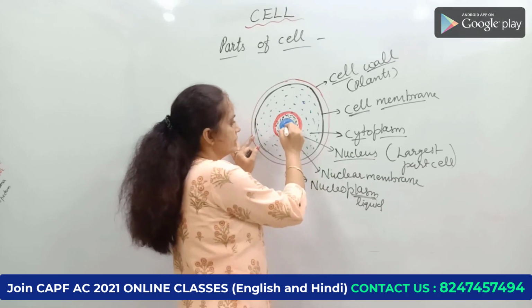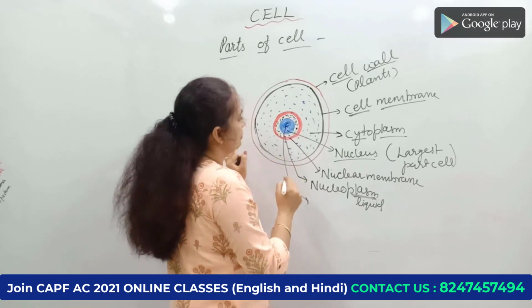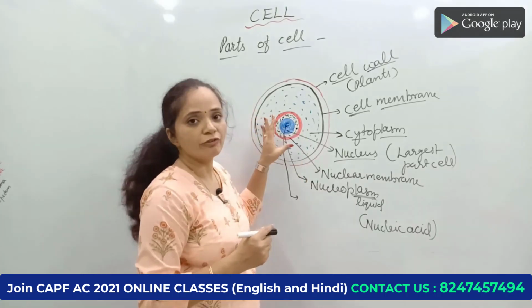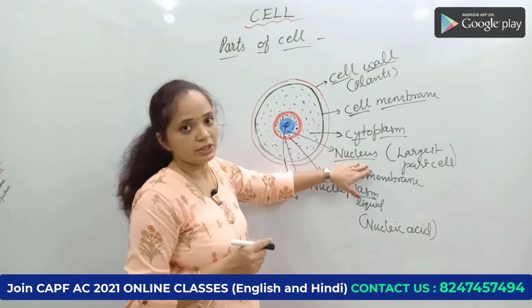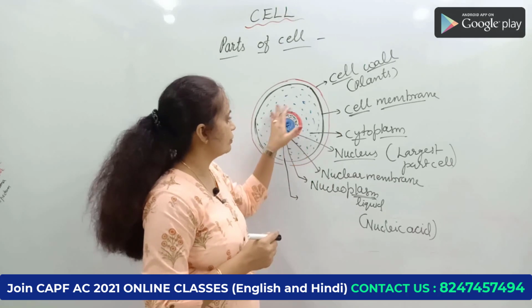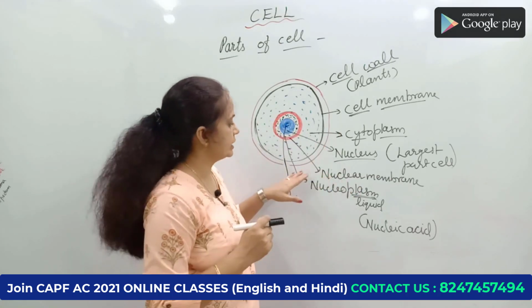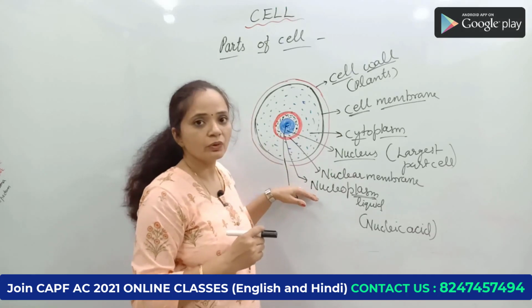The largest part of the cell is the nucleus, covered with a membrane called the nuclear membrane, and the liquid present in the nucleus is called nucleoplasm.